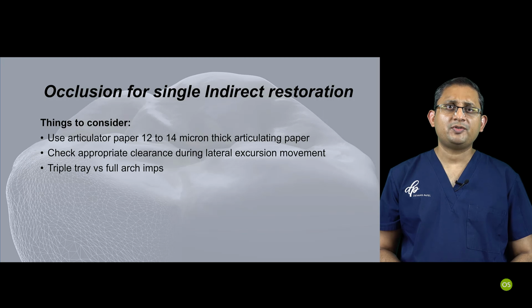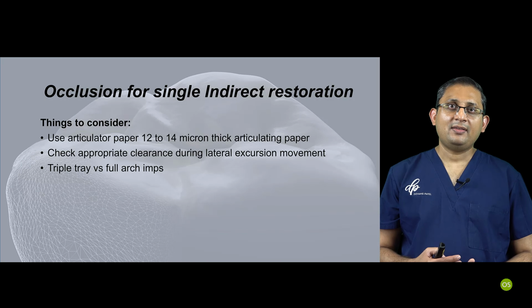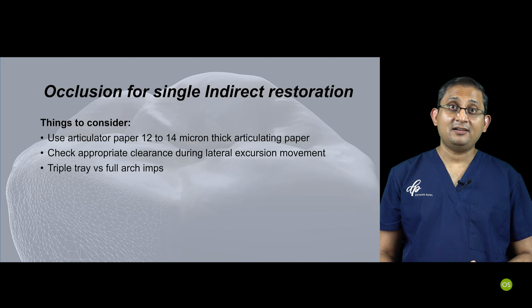However, you can use a triple tray if you're not replicating any guidance and you just want the contact points to be stable. However, if you're not using any sort of articulator, then the problem is you might end up incorporating guidance where you don't want to incorporate guidance. So you may need a little bit more adjustment in the mouth when you're using that approach.